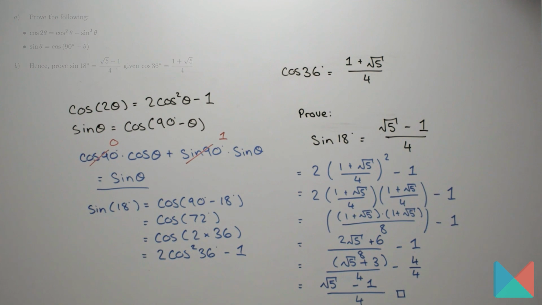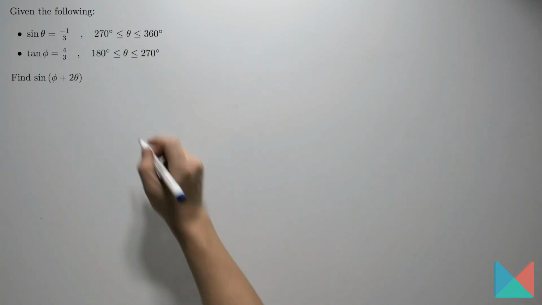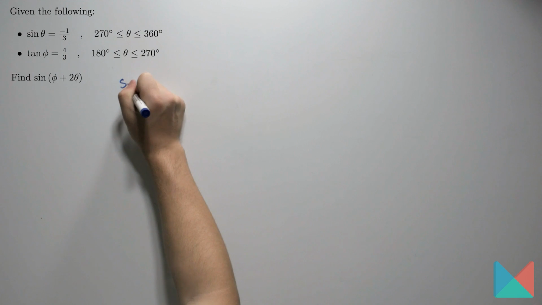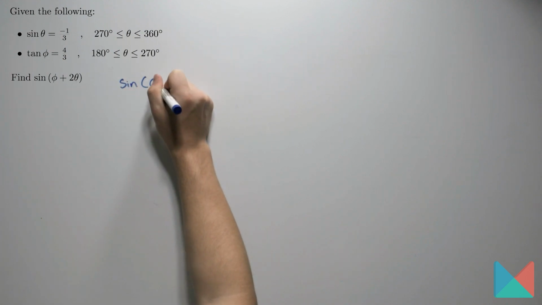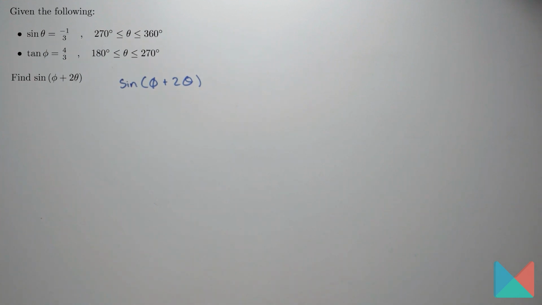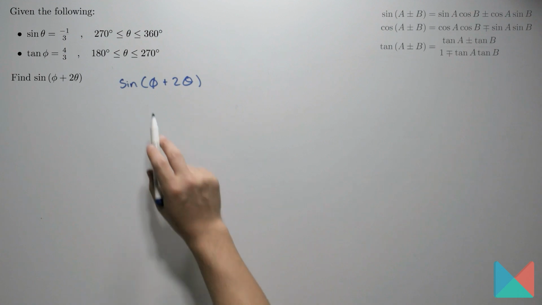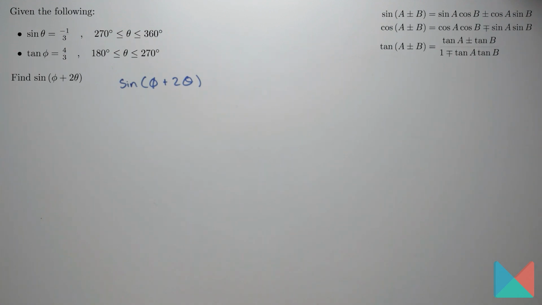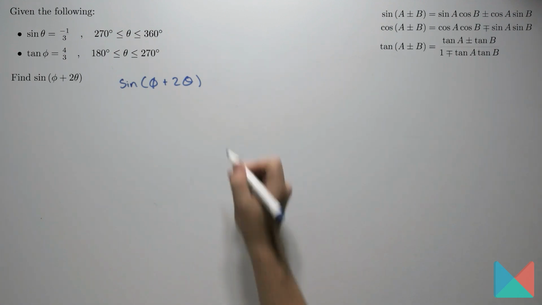And now we can move on to our final example. For our final example, we want to find sine of phi plus 2 theta, given the provided information. And what we can do, because we've got the sum of two angles, is use the angle sum identity for sine.